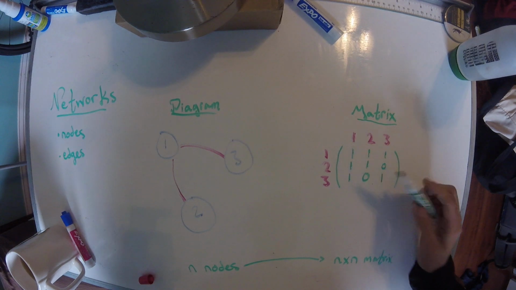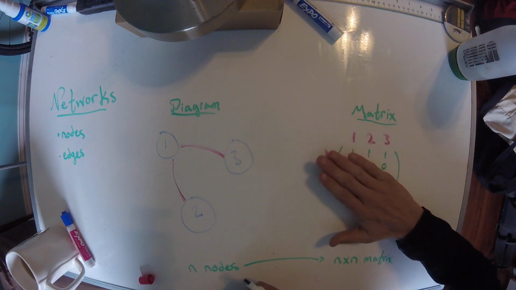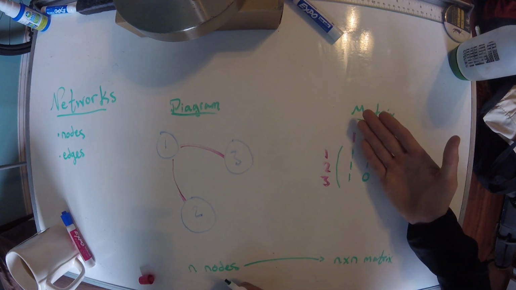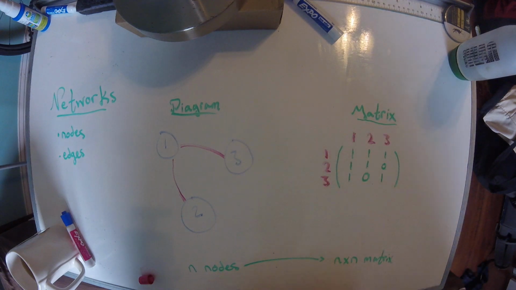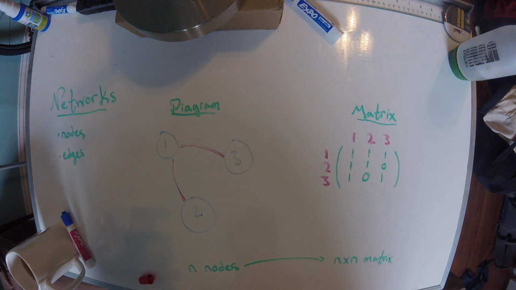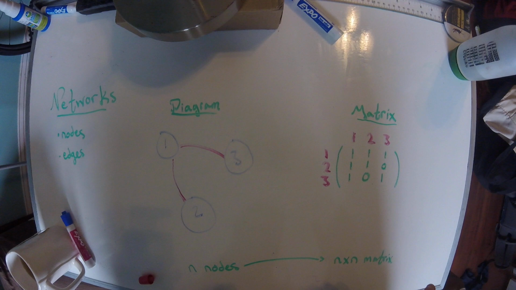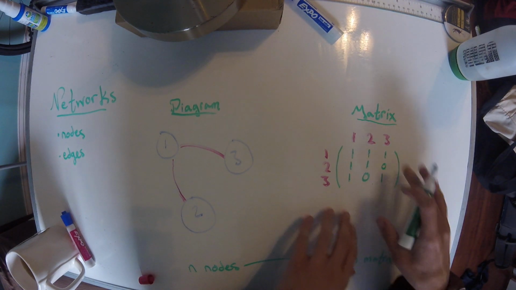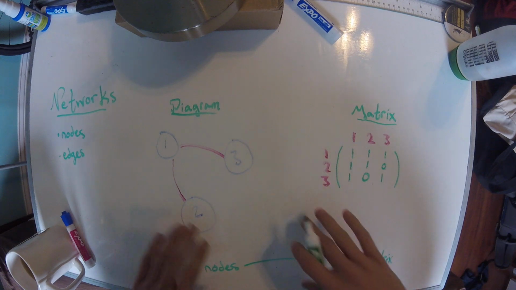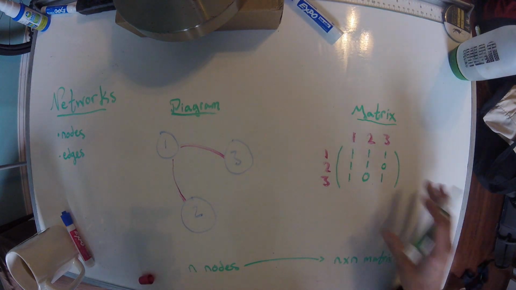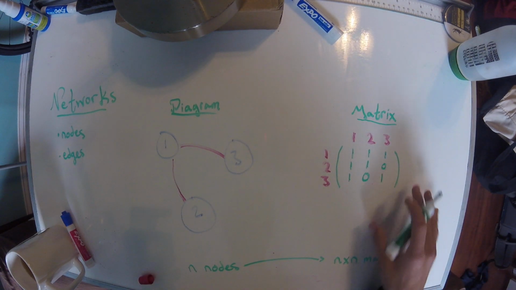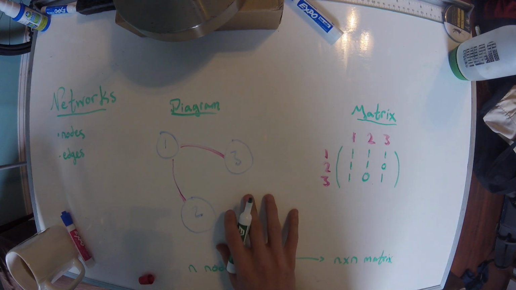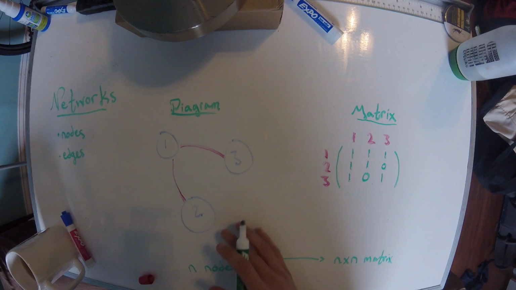So if you look across the diagonal, this half is the same as that half. They're mirror images of one another. This matrix is symmetric because this is an undirected network. And so networks can also be directed, and so I'll talk about that next.